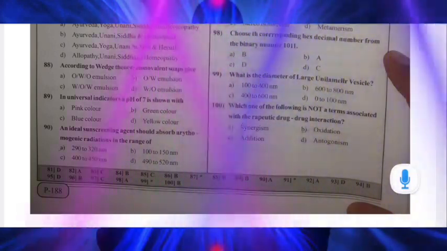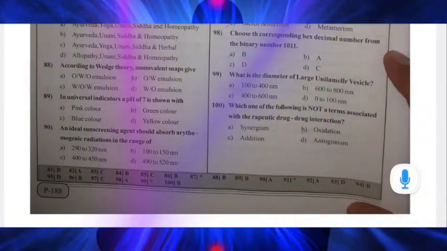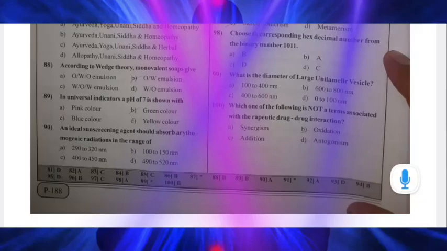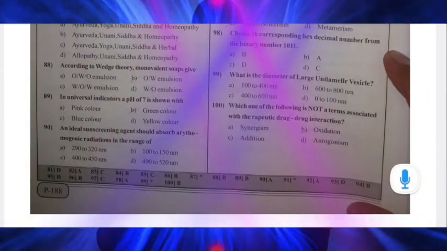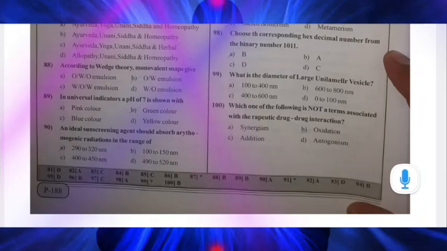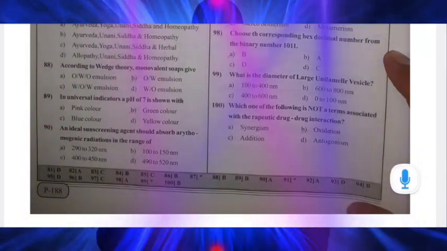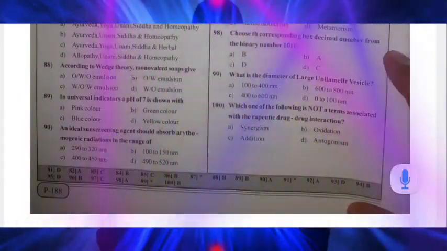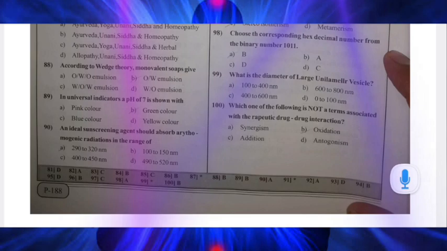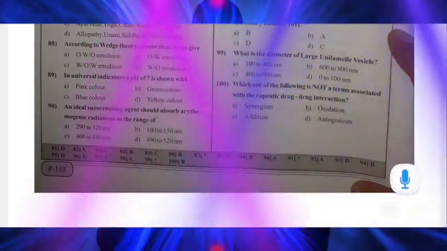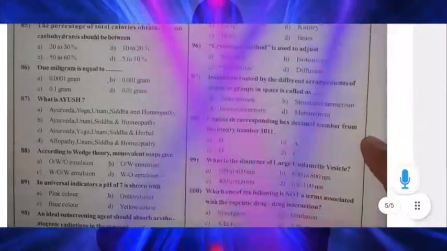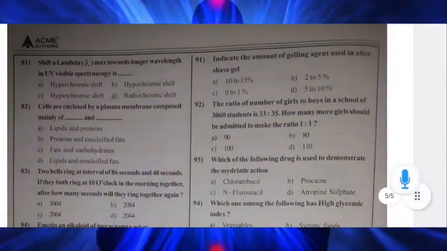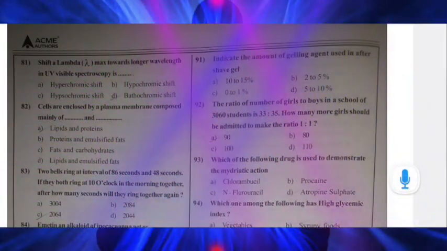According to Vegard theory, monovalent soaps give oil/water emulsion. In universal indicators, a pH of 7 is shown with green color. An ideal sunscreening agent should absorb erythemogenic radiations in the range of 290 to 320 nanometers.